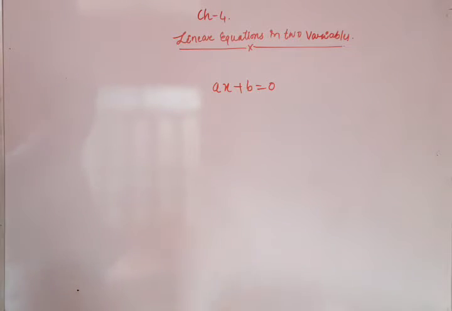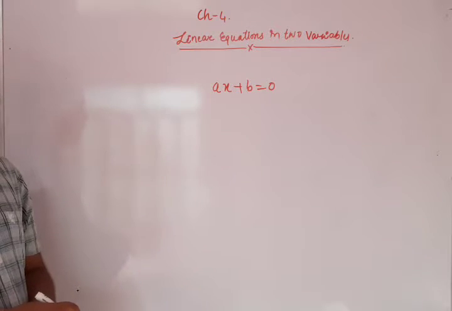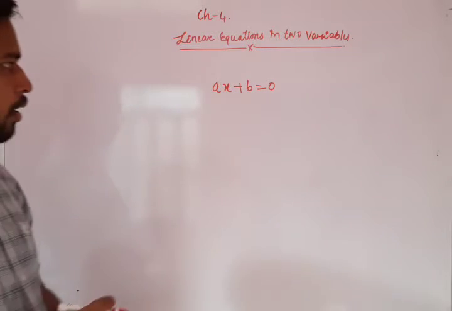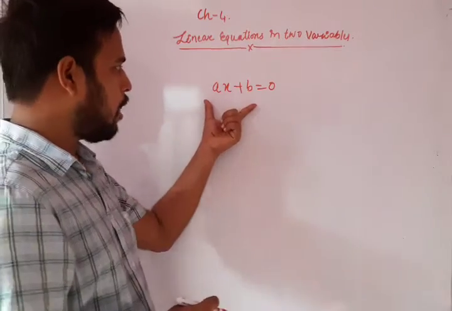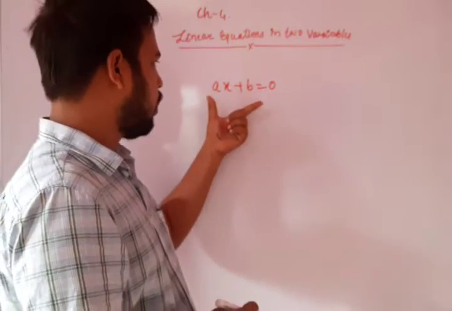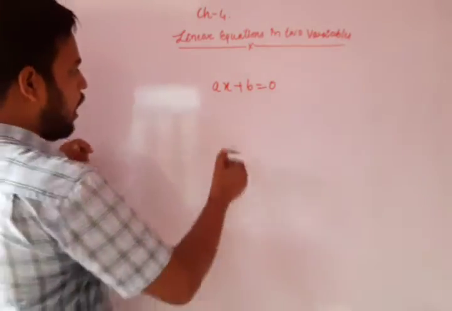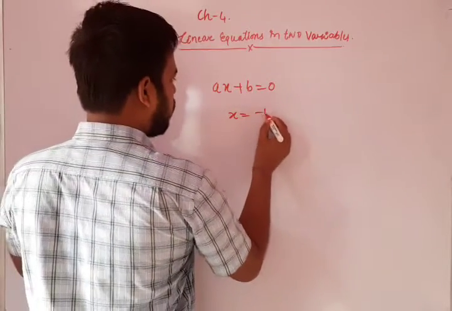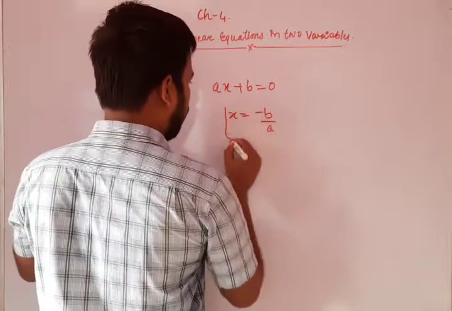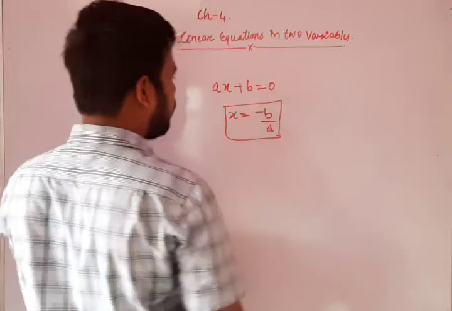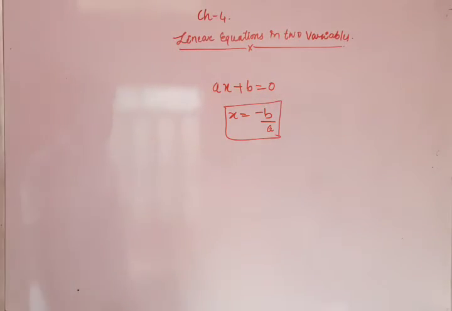For this equation there will be a unique solution. That solution will be x equals minus b upon a.